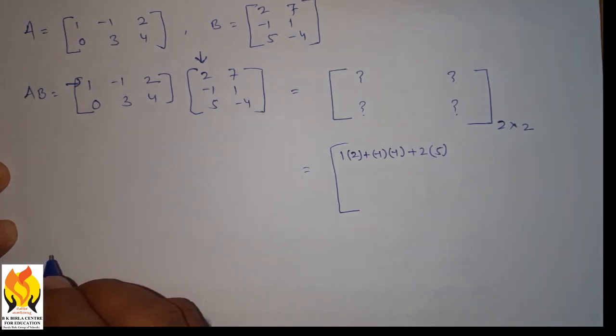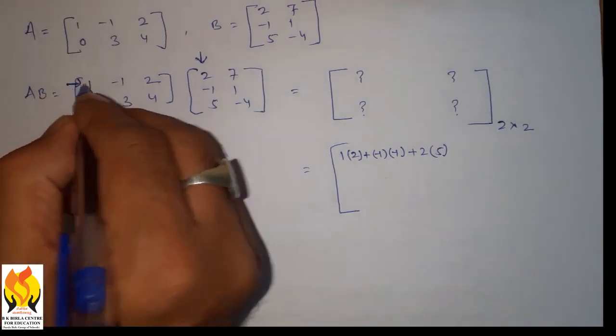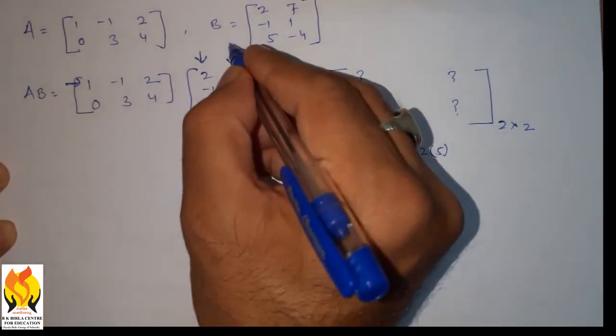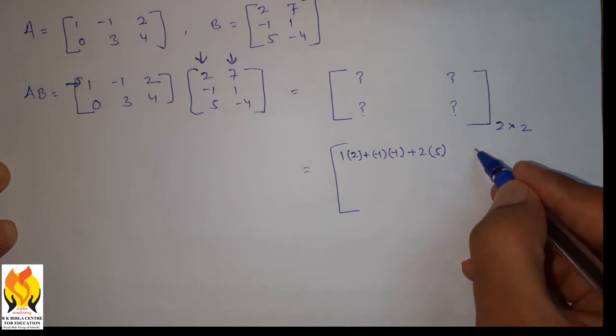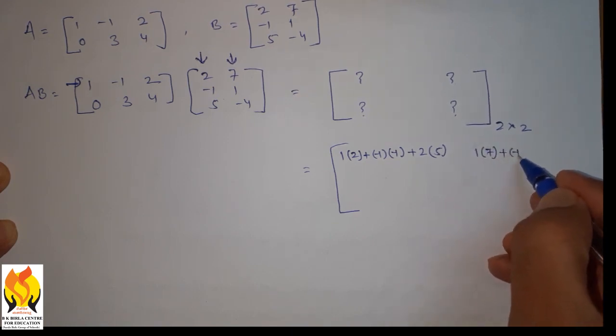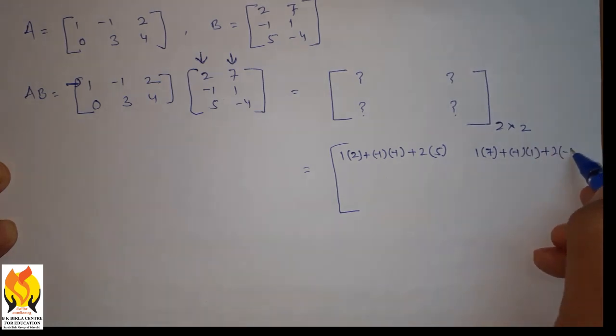Now, in order to get A12, we have to multiply row 1 with column 2. Row 1 with column 2 will give A12. 1 into 7 plus minus 1 into 1 plus 2 into minus 4.